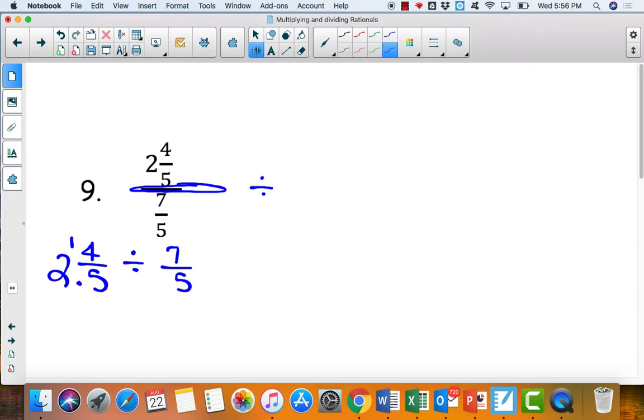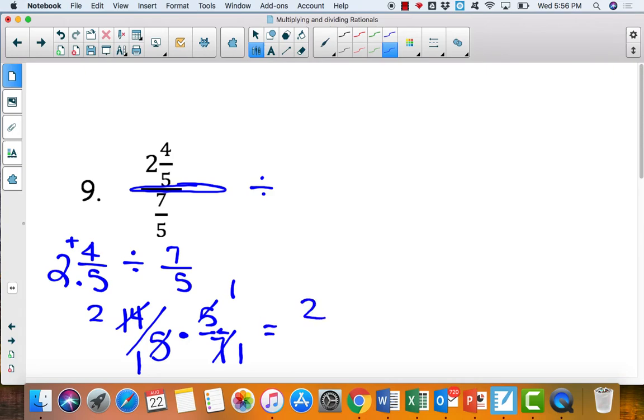So I have to turn this mixed number into an improper fraction first. 2 times 5 is 10, plus 4 is 14. So I have 14/5 times 5/7. Cross reduce. 5 will go into itself 1 time, 5 will go into itself 1 time, 7 will go into itself 1 time, and 7 will go into 14 2 times. 2 times 1 is 2. 1 times 1 is 1. I have a positive divided by a positive, which is a positive.